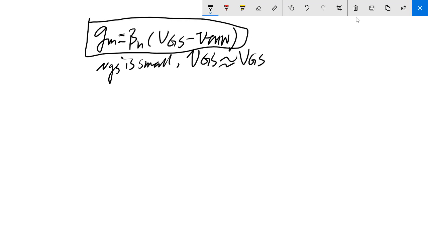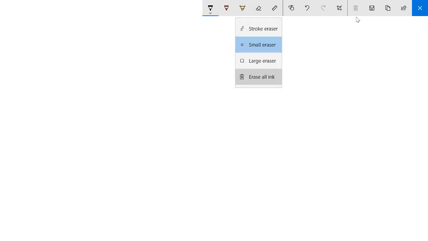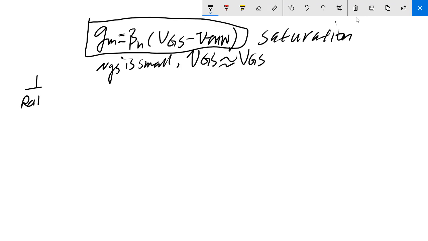And now if you compare this one, we're talking about this one in the saturation region, right? If you compare to this parameter we just calculated, this one equals to beta n (VGS minus VTHN) as well.